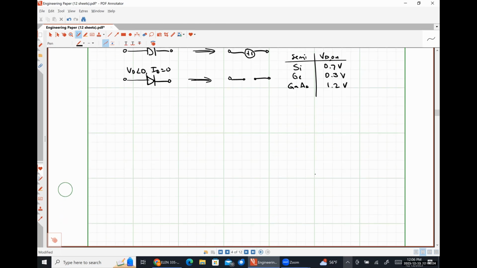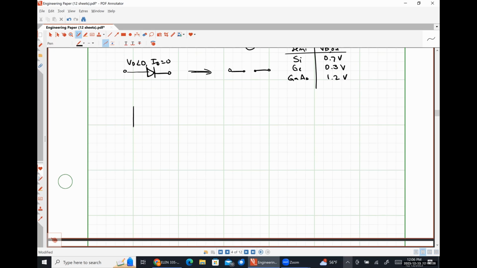All right, so boring circuit, third time's a charm. 10 ohm resistor, 0.5 amp current source, 50 ohm resistor.